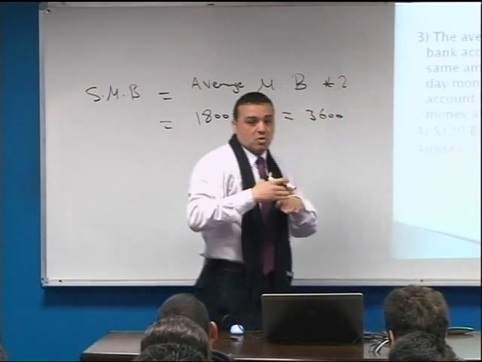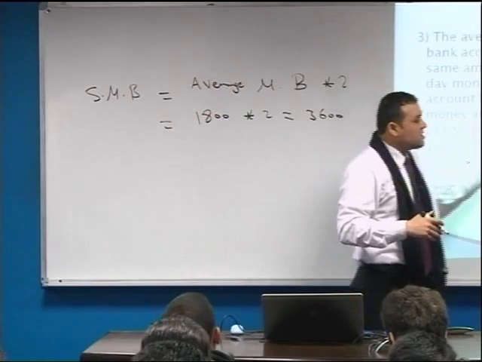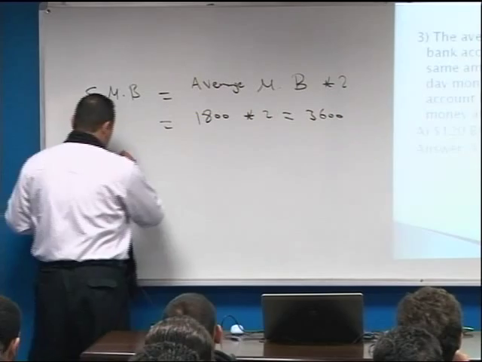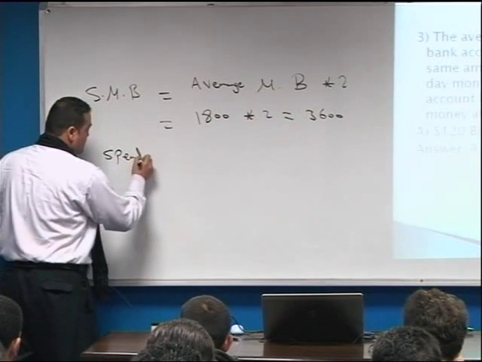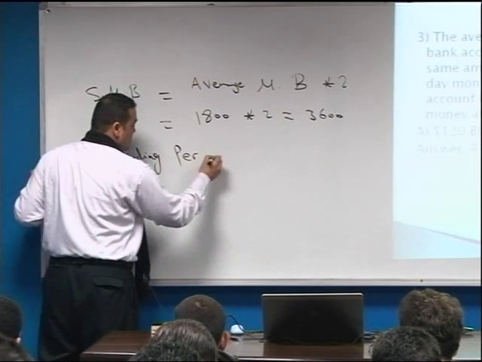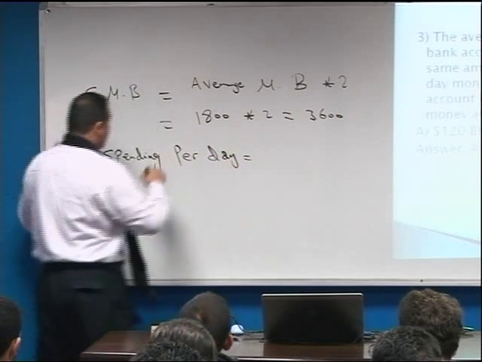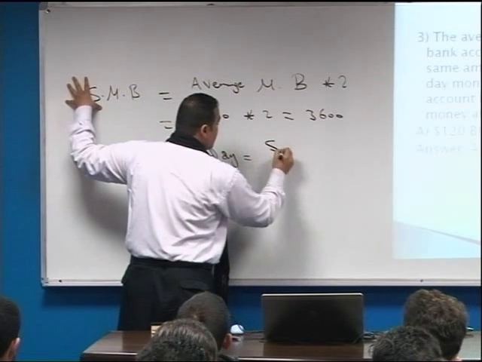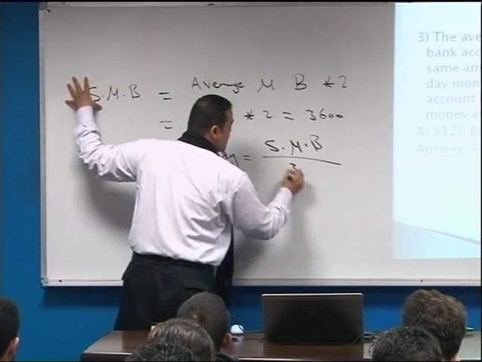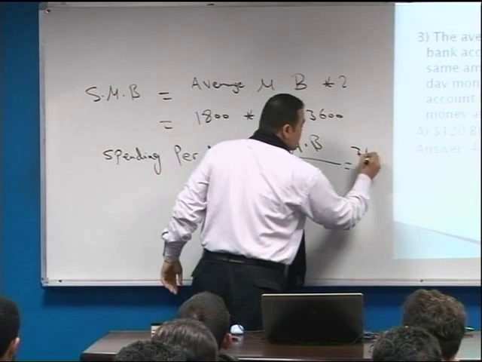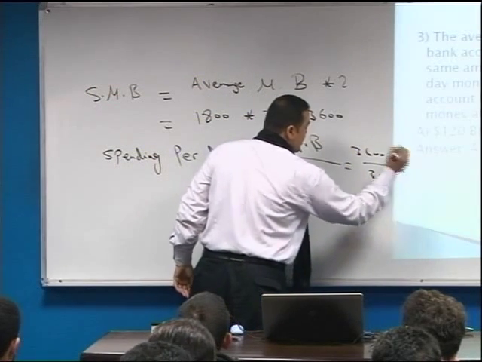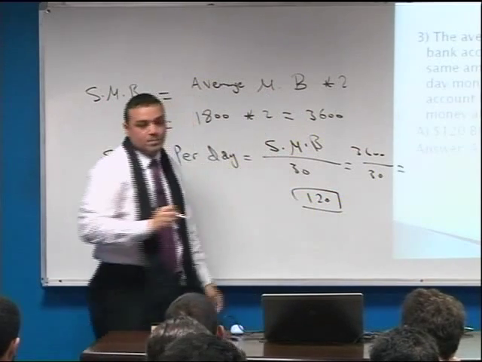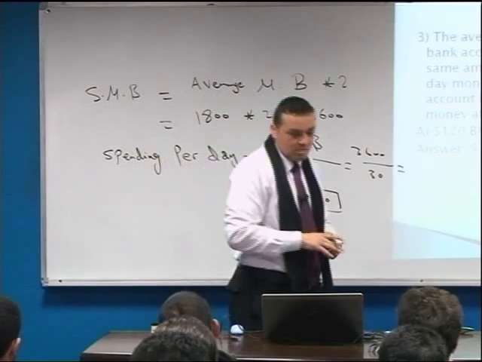Now to calculate how much she spends every day: the spending per day equals the starting monthly balance over 30, which is 3,600 over 30 equals 120. That's it. Okay? Is it difficult? Okay.